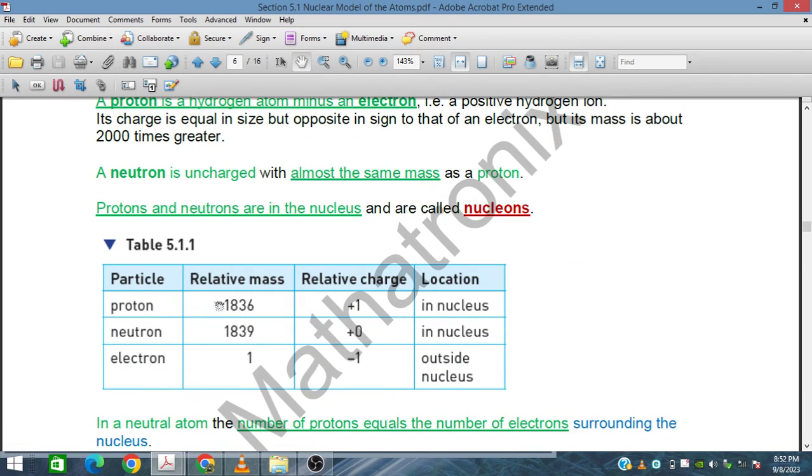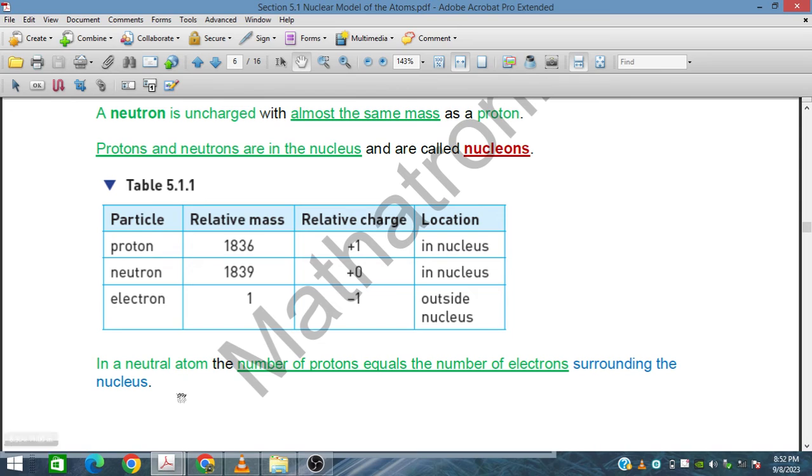This is the proton, and the mass of the proton is approximately 2000 times the electron mass, which is 1 AMU, and the neutron is almost the same. The proton has a positive charge, the neutron has no charge, and the electron has a negative charge and is outside the nucleus, while the others are inside the nucleus. So this table basically defines the atom's particles, their masses and charges.